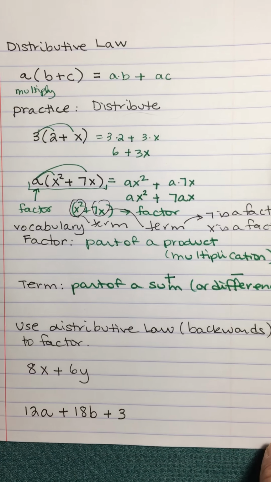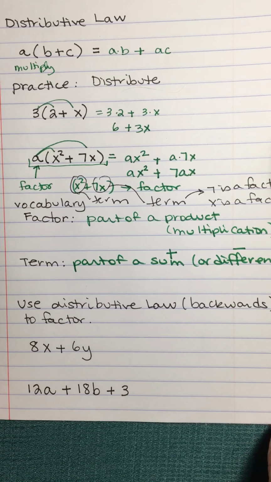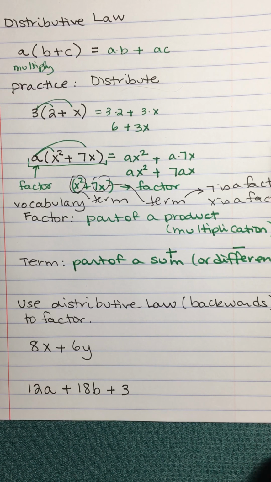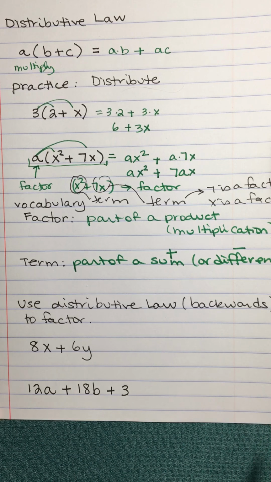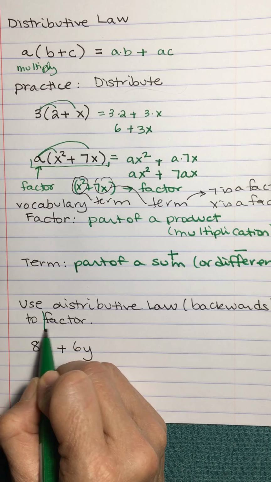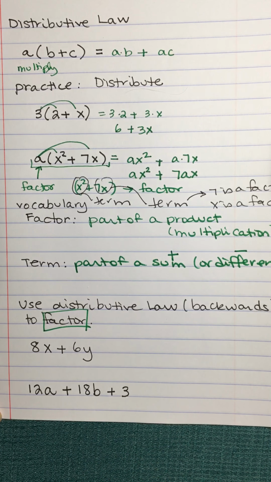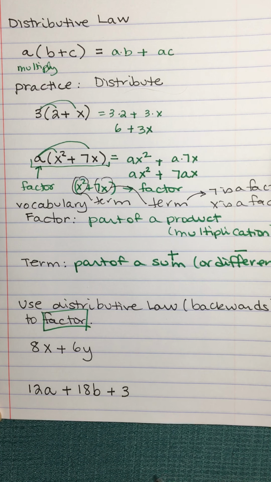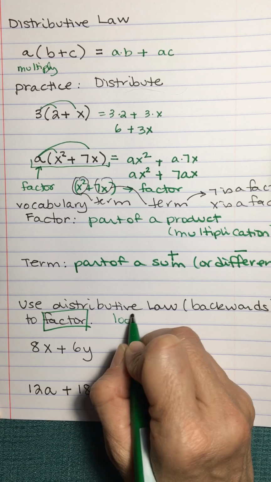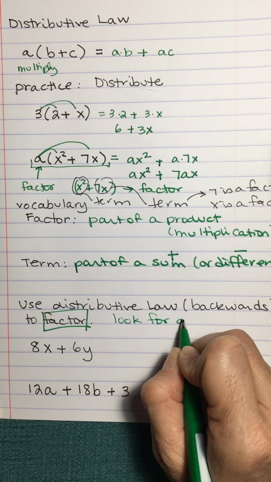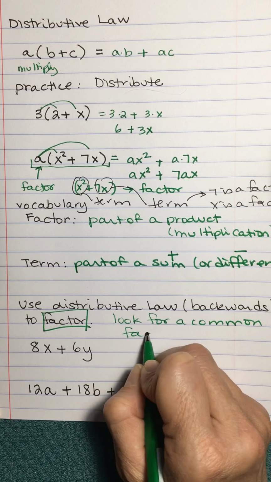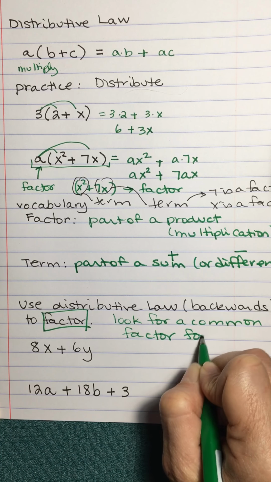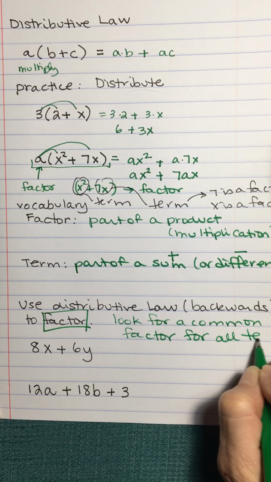Okay, so one of the ways that we get to use the distributive law is backwards. So distributing, we go forwards. Factoring, important verb for us, we go backwards. So when we factor, we are looking for a common factor for all of the terms.